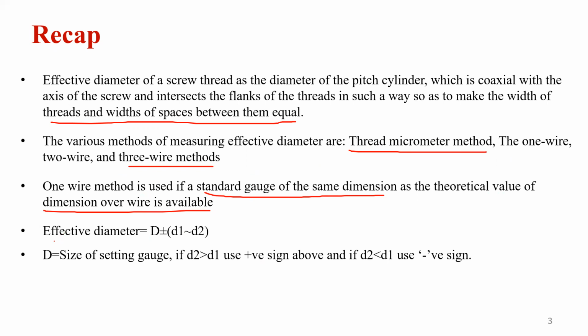The effective diameter is calculated as D plus or minus the difference of D1 and D2, where D is the size of the setting gauge, D1 is the measurement over the standard gauge, and D2 is the measurement over the wire. If D2 is greater than D1, we use the positive sign, and if D2 is less than D1, we use the negative sign.